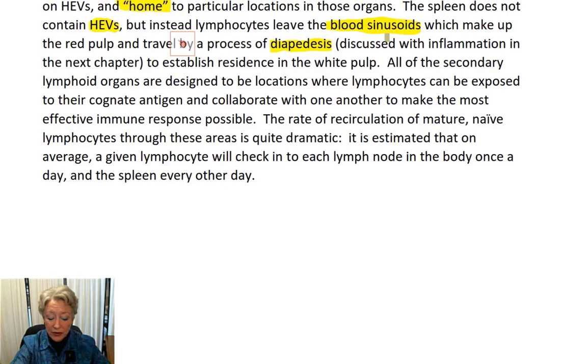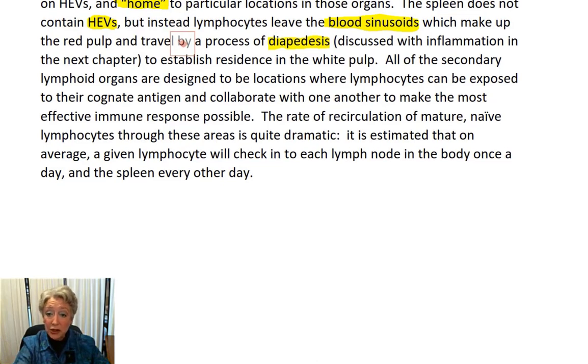Now, all of the secondary organs, in addition to having particular areas in which the cells will come to reside, are designed to be sort of speed dating sites so that foreign substances coming into that organ are slowly percolated over the surface of these populations of mature, naive cells.